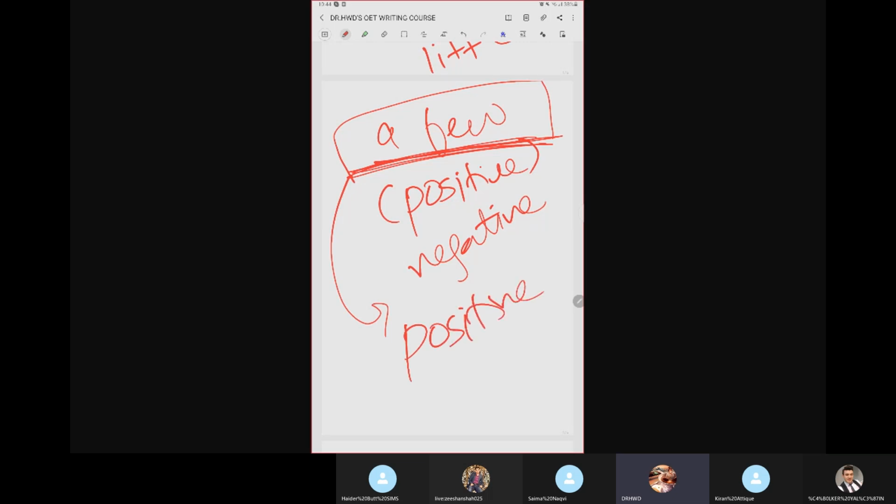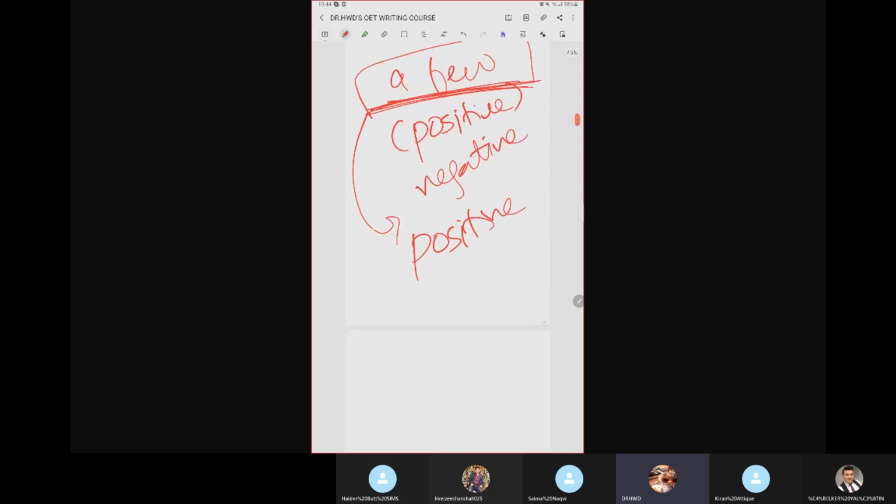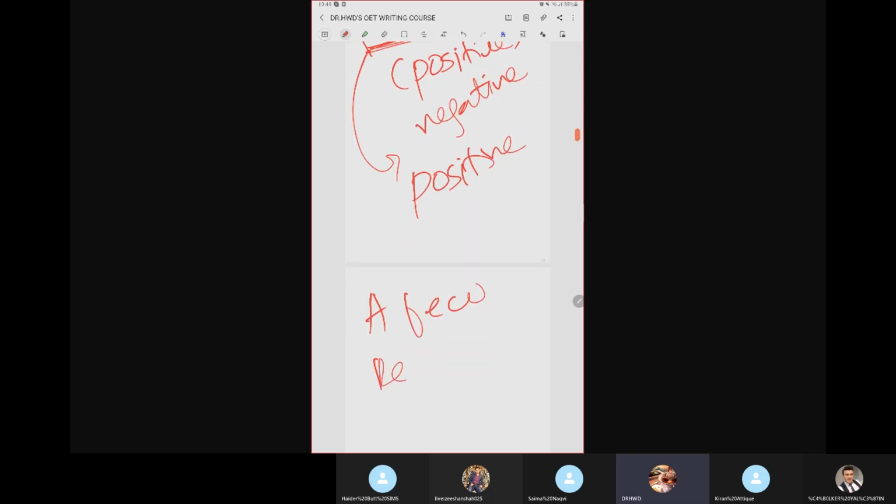So why am I making you say this? I know it's very confusing, but when I say she has a few red blood cells in urine, does it give a positive connotation or a negative connotation? Positive, right?